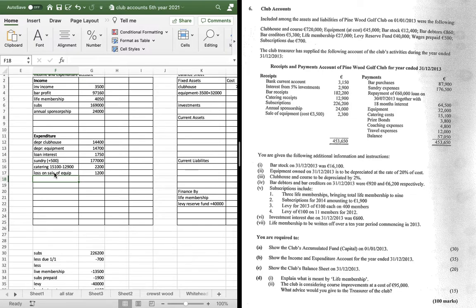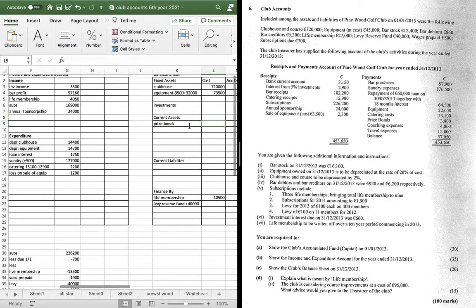From the right, bar purchases is done, sundry is done, the loan is done, loan interest is done, equipment is done, catering costs is done, prize bonds are a current asset. That's 3,800.